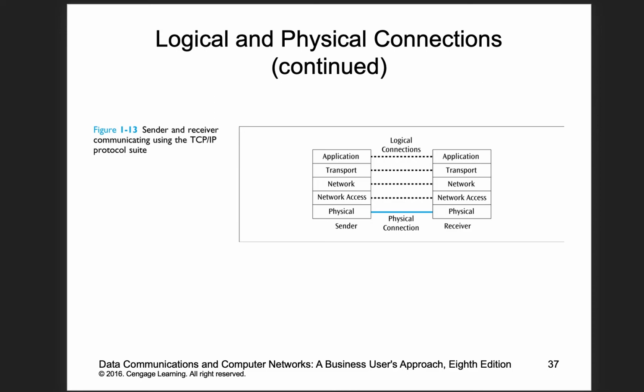Once it is received over at the receiver, the data will be desegmented, and it will move up from the physical layer to network access, to network transport, and to the application where the receiver gets the message.